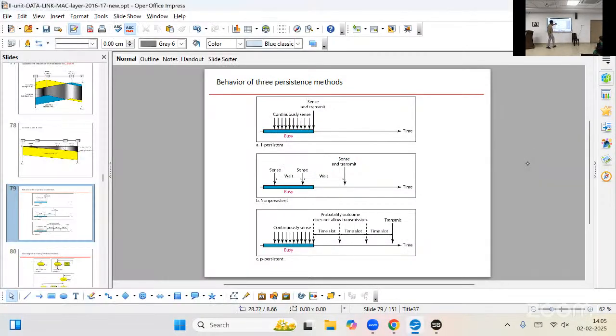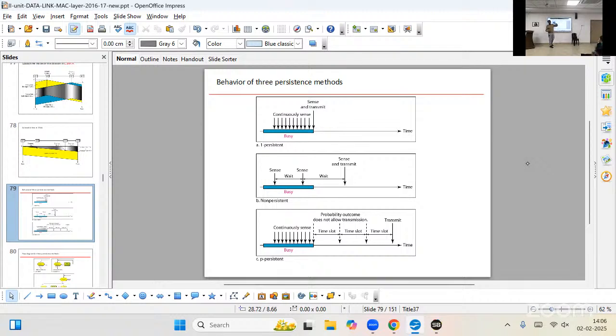See, one persistent: we need to continuously sense the channel, every 1 second. Then non-persistent: we have to wait some random amount of time, and if the channel is free, we transmit the data.